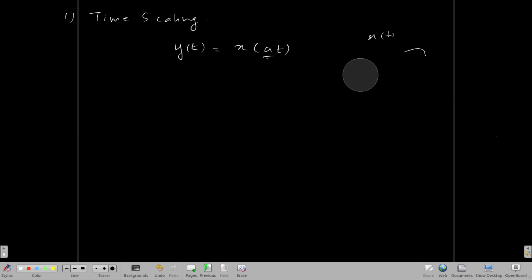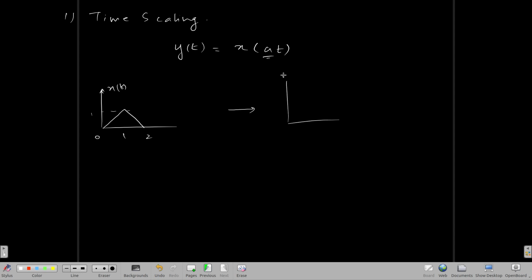So let me redraw this, and we will take a signal that we are familiar with. Okay, let's take a triangle 0, 1, 2. Let this be 1, x of t. Suppose I want to find y of t is equal to x of 2t.